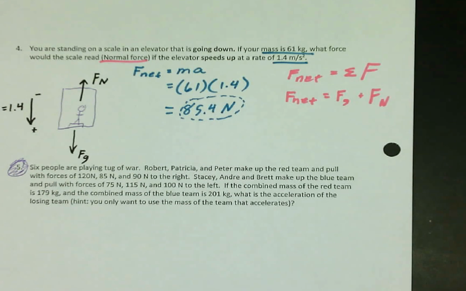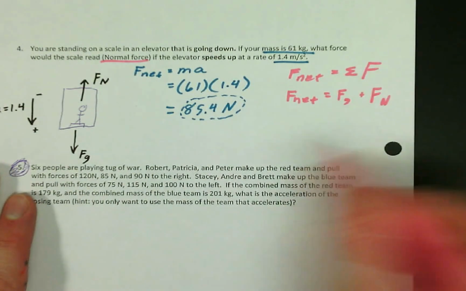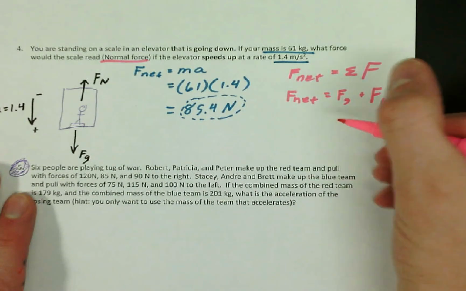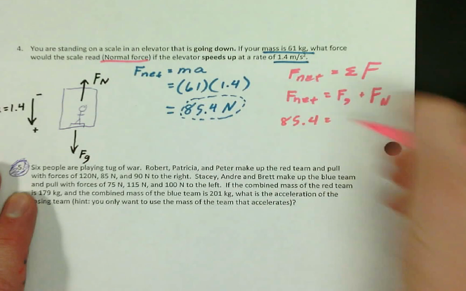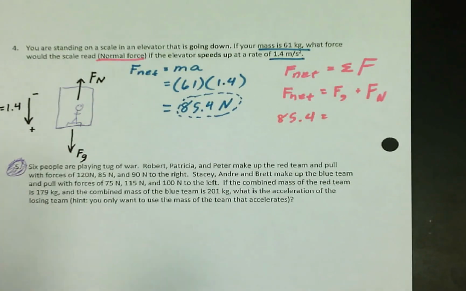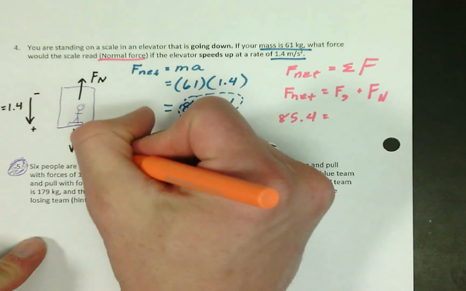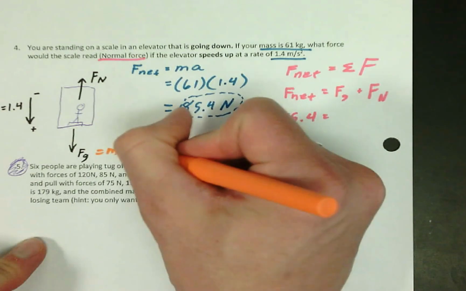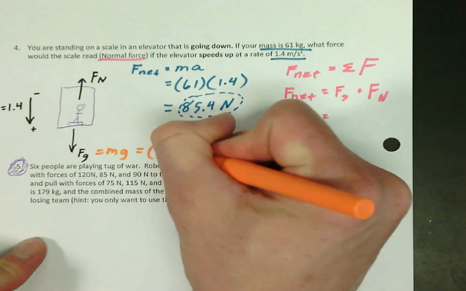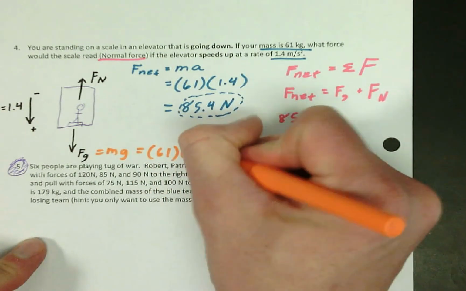Okay. So now we put in the numbers that we know. Fnet is 85.4. Now, I was not given the force of gravity, but good news, you can always find it, because Fg is always equal to mg. Always and forever. The mass is 61. G is 9.8.